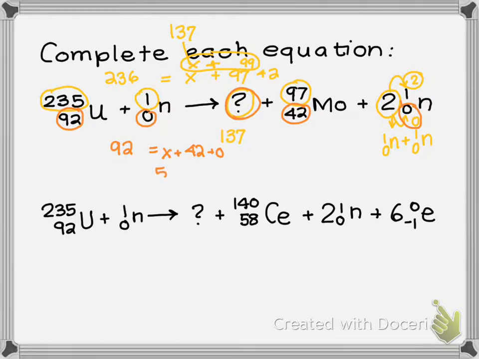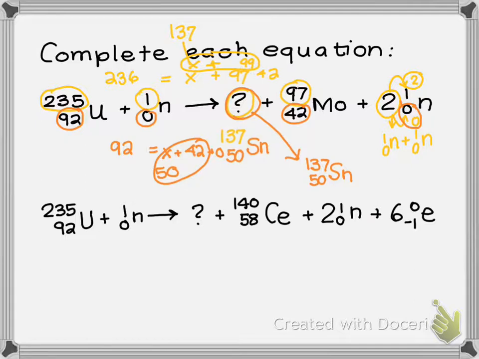So x would have to be 50, because 50 plus 42 is 92. And so then to figure out the element symbol, I look up element number 50, and I have tin. So the question mark would be 137, 50, Sn.